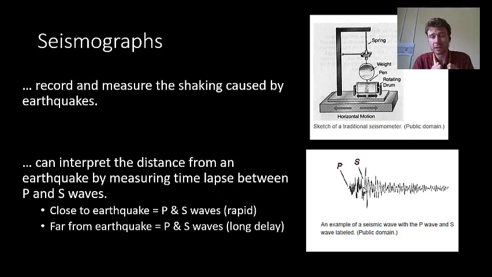Because those two won't have traveled far. However, if the seismograph is significantly further away from the earthquake location, the P and S waves will have a longer delay. We'll be able to see the difference. And using mathematical calculations, these earthquakes can then tell how far away an earthquake occurred.